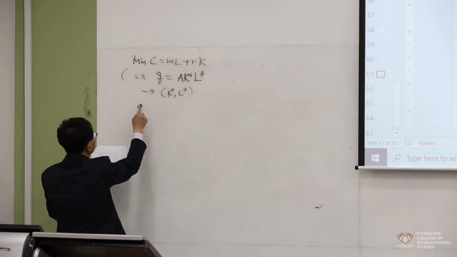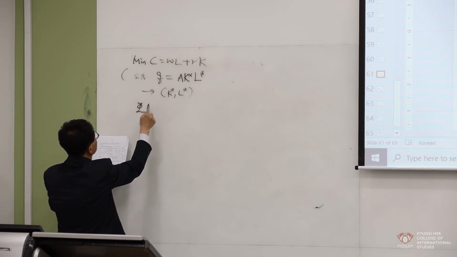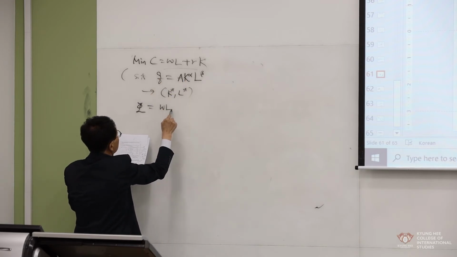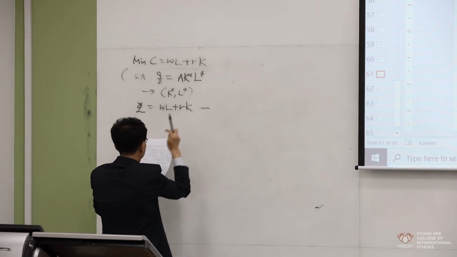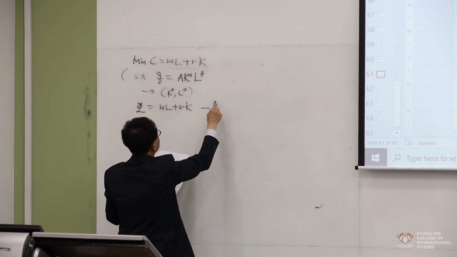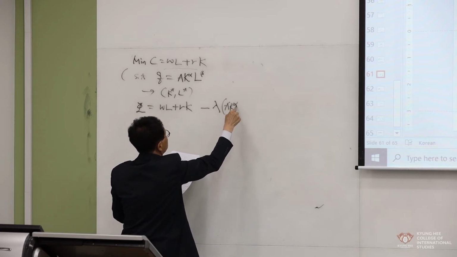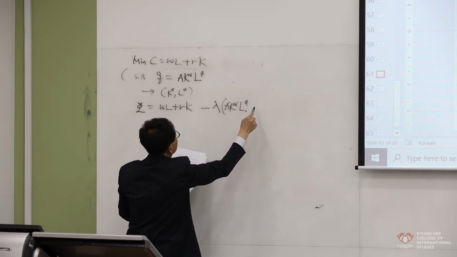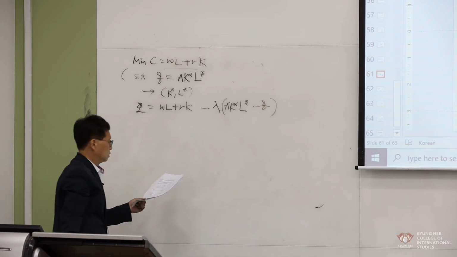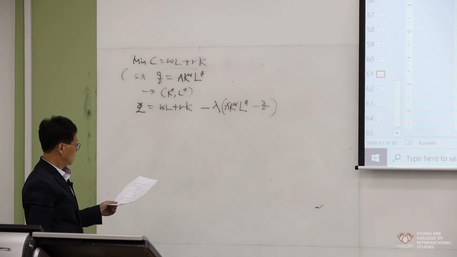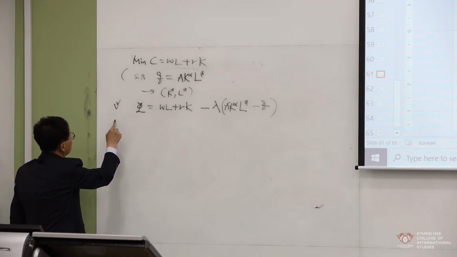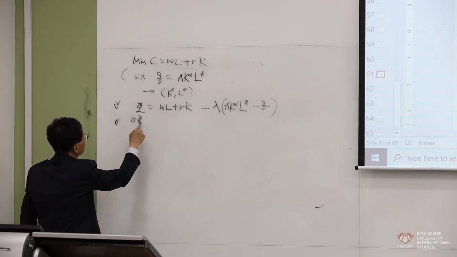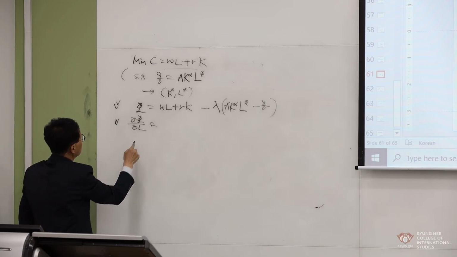For example, Lagrangian function pi is equal to WL plus RK minus lambda times A K alpha L beta minus Q. We construct the Lagrangian function first, then we calculate 3 first order conditions.